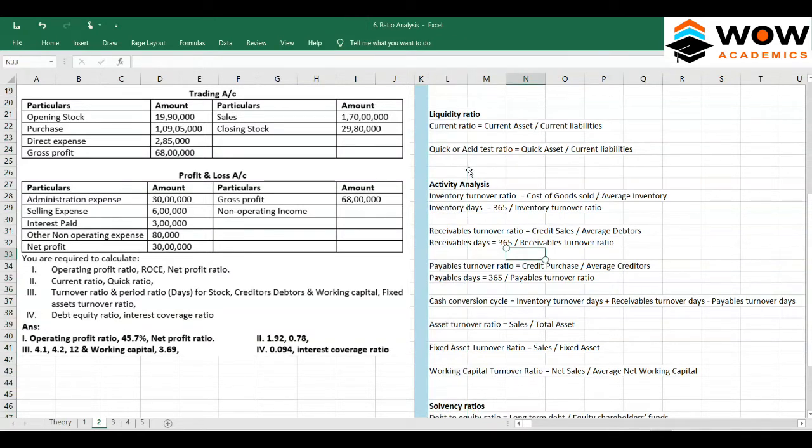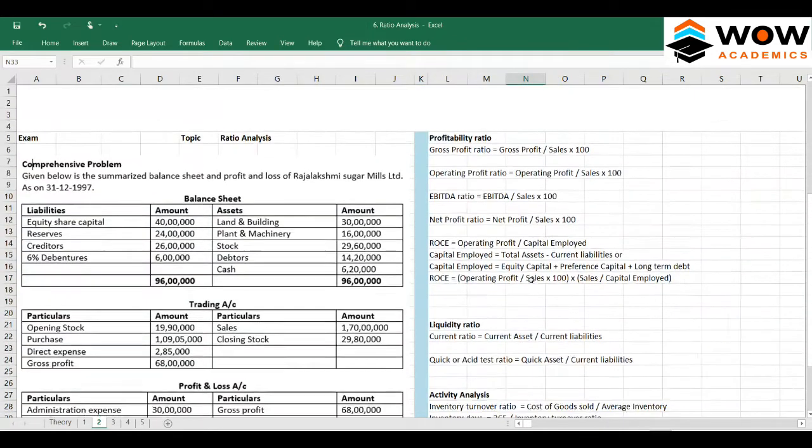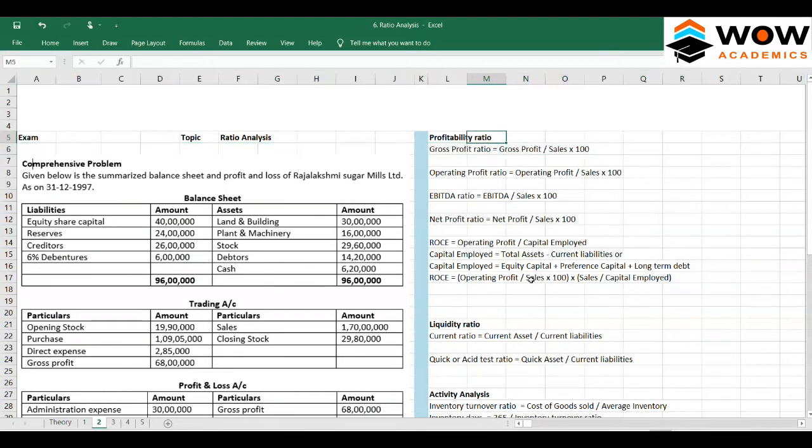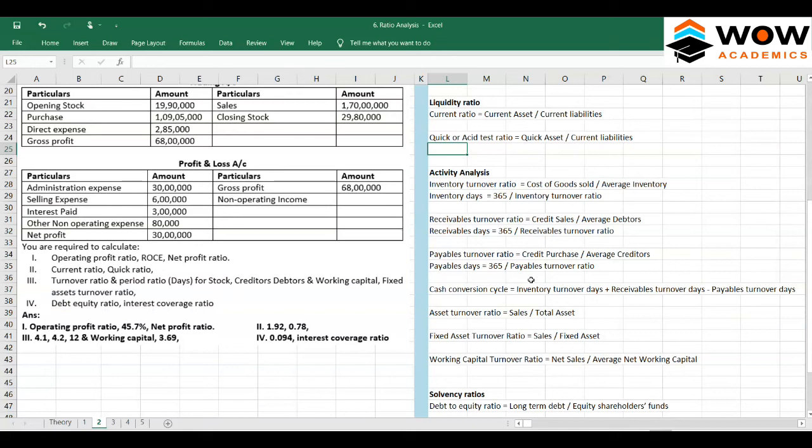So it is operating profit, ROCE. This is not there, so we do not have gross profit ratio. EBITDA is not there. I think in current ratio both we have to do, right? In liquidity ratios we have current ratio, quick ratio.